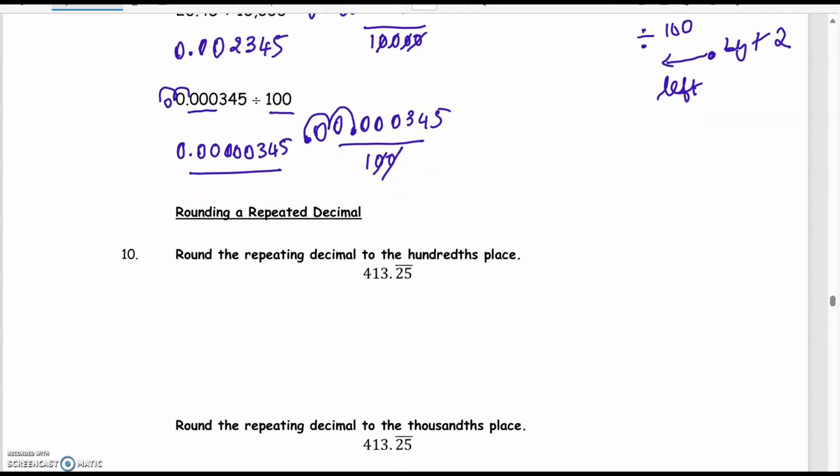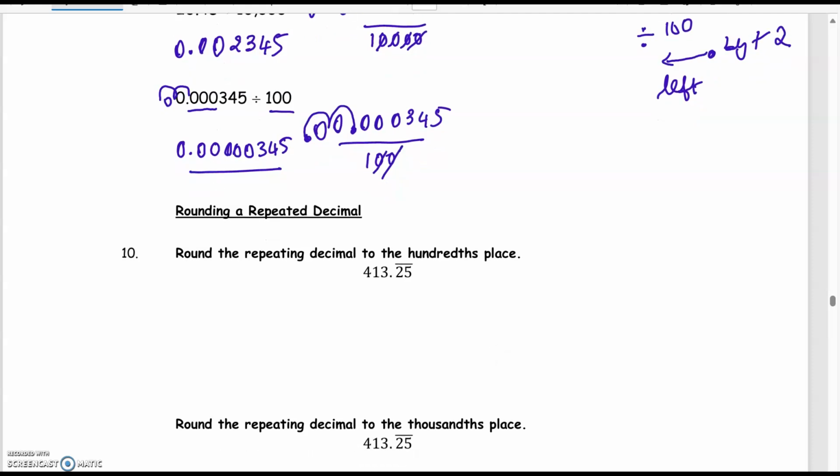Now, how do we round decimal numbers that are recurring or repeating? 413.25 repeated is 252525. Just expand it to some extent. And the question now says round it to the hundredths place.